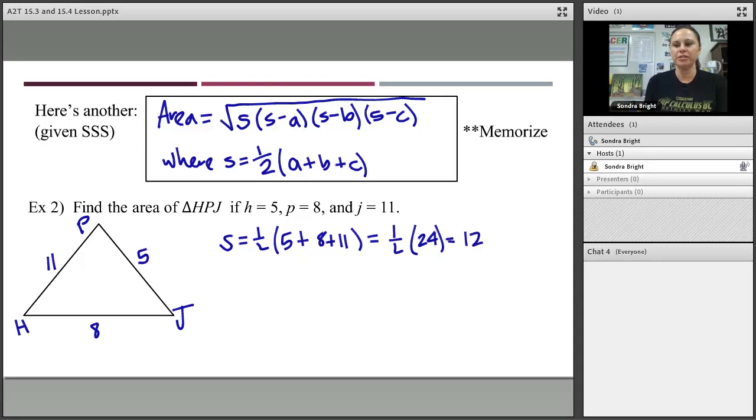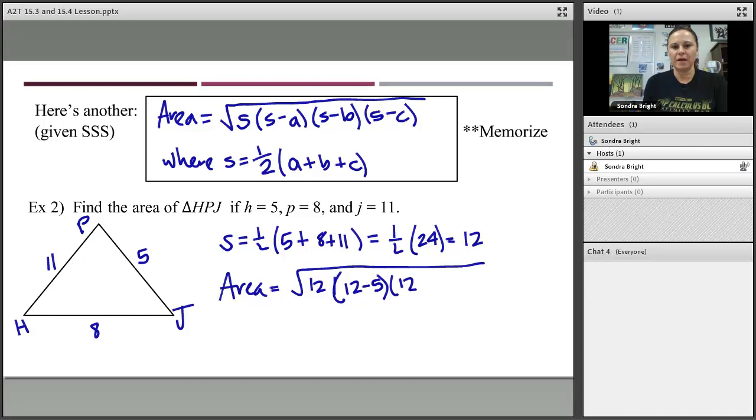So the semi-perimeter is 12, which then means that our area will be the square root of, we start with the 12, and then times 12 minus 5, and then times 12 minus 8, and then times 12 minus 11.